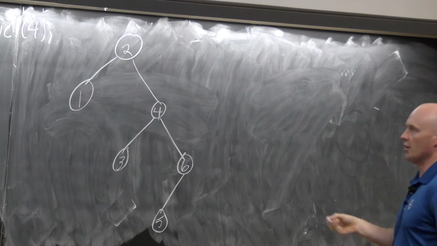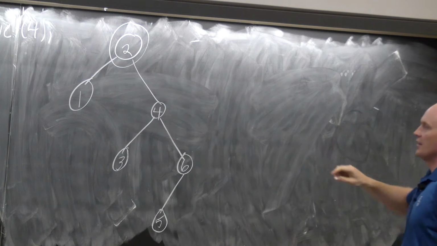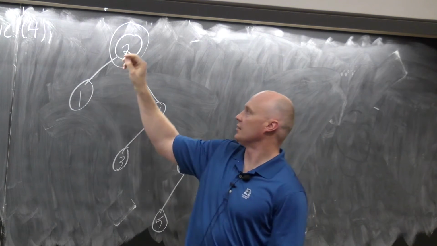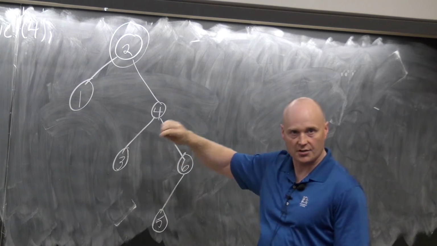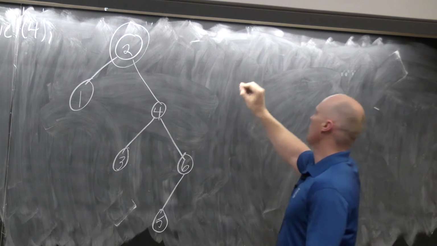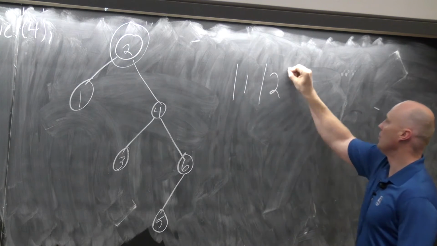So if we were going to rebuild this tree rooted at 2, then you can do an in-order traversal, right? So that then you read all the elements and you output them in sorted order. So you can read them into an array. 1, 2.